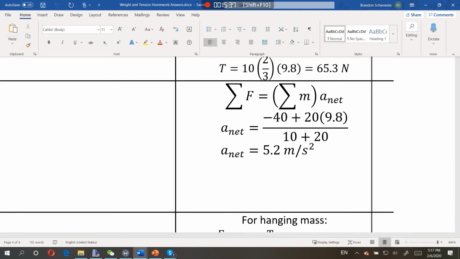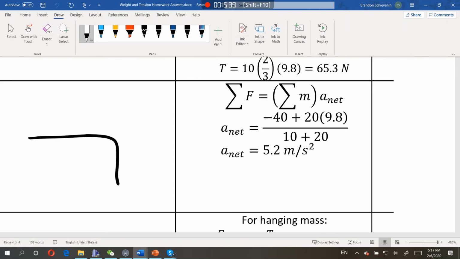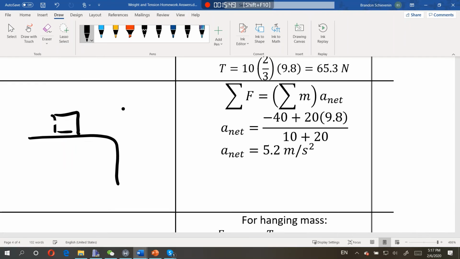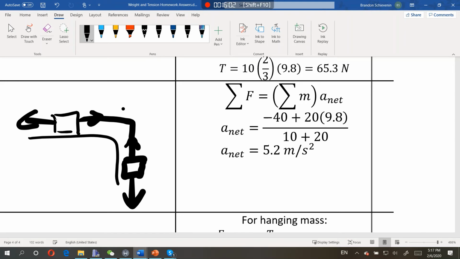We've got our force of friction acting on the object on the table, which would oppose our force of tension on the other side, which is being caused by gravity.